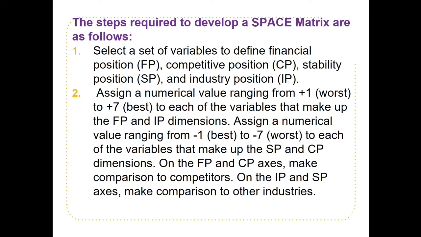Assign a numerical value ranging from negative 1 as the best to negative 7 as the worst to each of the variables that make up your SP, that is your stability position, and your CP, that is your competitive position. On the FP and CP axis, make comparison to competitors. In your IP and SP, comparison with industries.